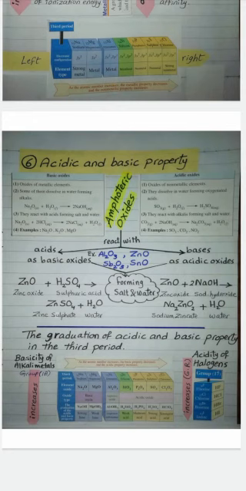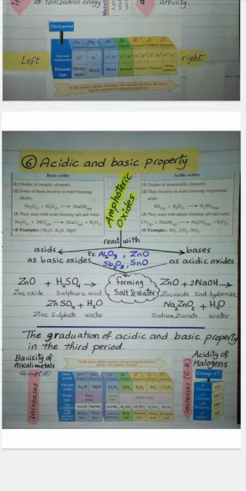For example, zinc oxide as an amphoteric oxide reacts with acids like sulfuric acid H2SO4 to produce zinc sulfate ZnSO4 as a salt, and water is formed.